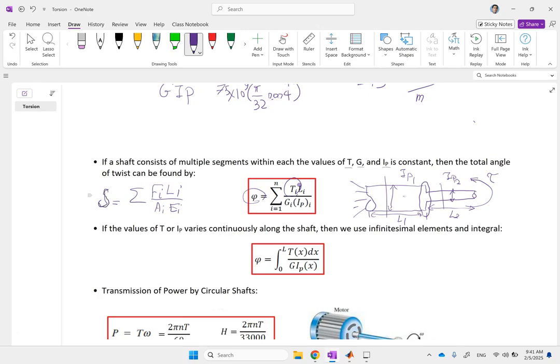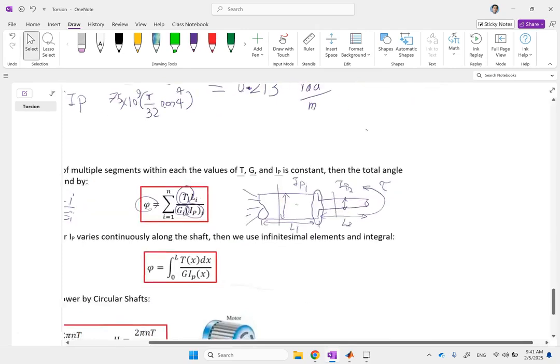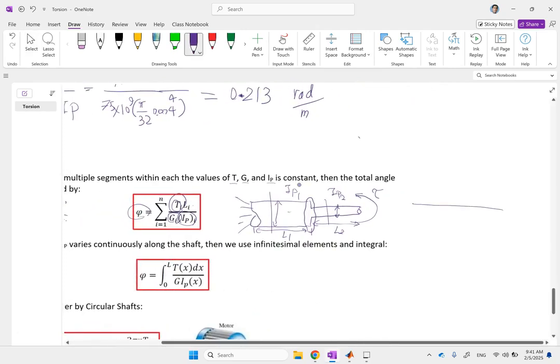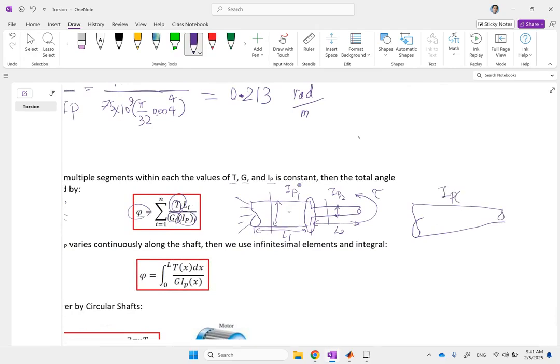That was what we had for axial deformation. The total axial elongation was this. And here is a very similar thing. And remember back then we said if there are changes in any of these four properties, especially these three, they don't happen with a sudden change, they happen gradually. So if you have like a conic shaft or something, then in this shaft, IP is not constant, it's a function of location.